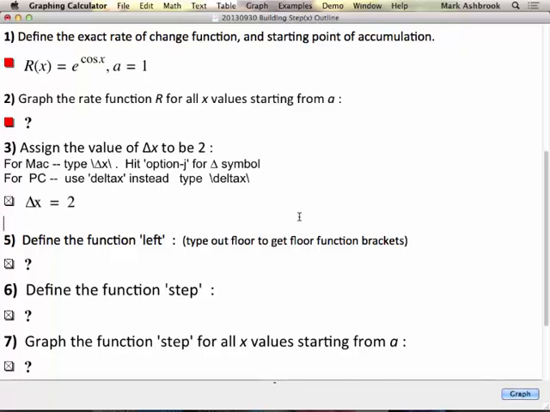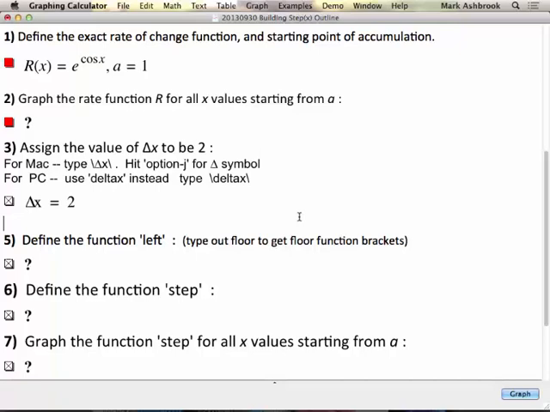To get the floor function, you just type FLOOR, and the brackets pop up. You got it. Yes. And then times.